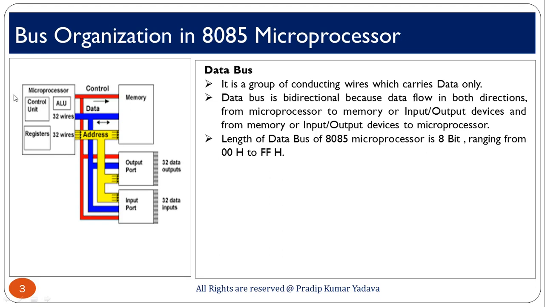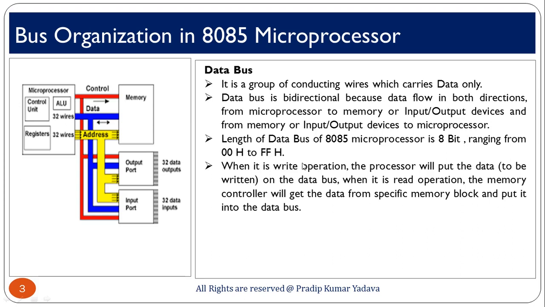Means this is the lowest data of 8 bit and this is the highest data of 8 bit, because whatever operation we perform in microprocessor is done in hexadecimal, or you can say in binary. When you convert this to binary, it is 4 bit and 4 bit, means 8 bit.